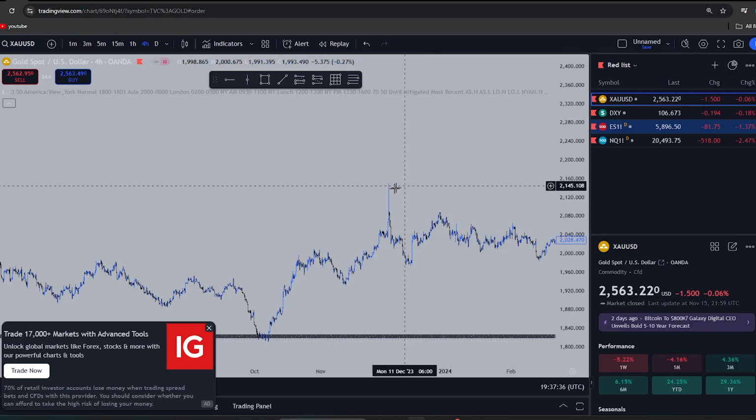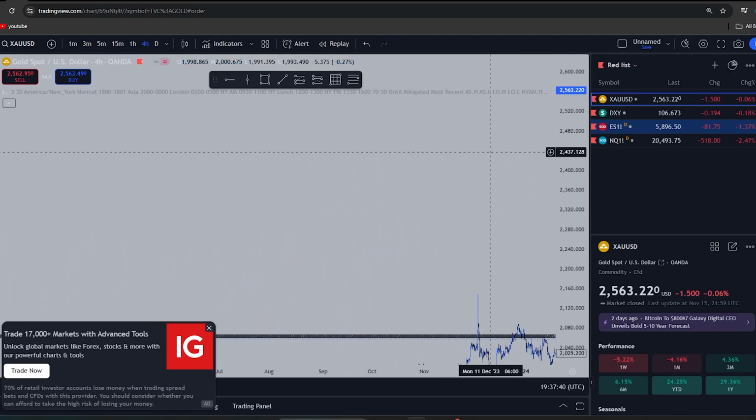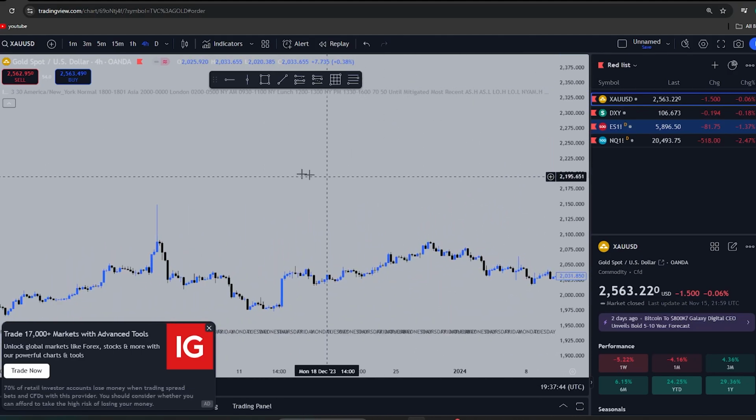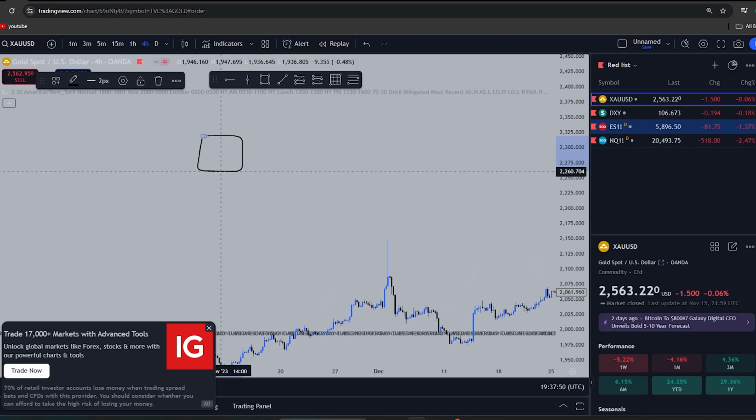I guess I can go through one last thing. We're talking about rejections. Not really rejections, just about price action in general, to be honest. If we see a, okay, say this is a bearish candle.